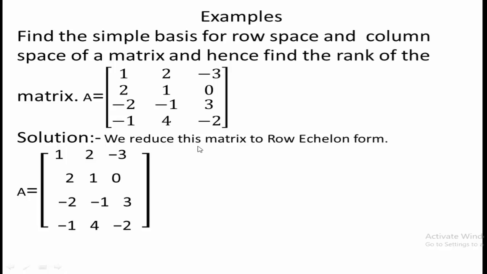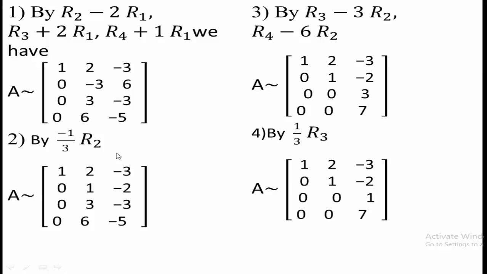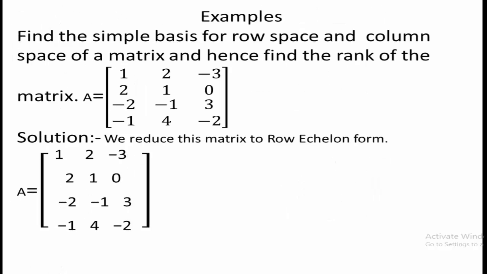So consider the matrix. This is a 4 by 3 matrix containing 4 rows and 3 columns. Let us see the first operation we have to operate on this matrix. Here 1 is given, and we bring 0 below this 1, that is at the 2 1 place, 3 1 place and 4 1 place.